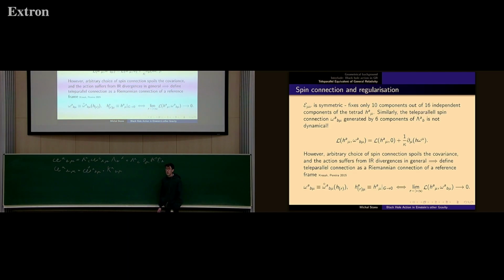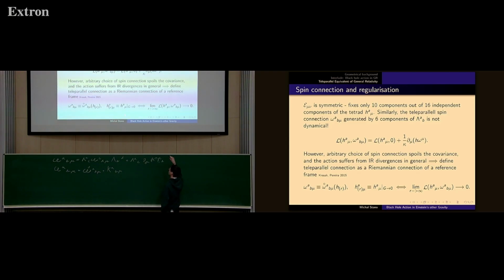Therefore, we need to somehow specify the form of the spin connection to hopefully regularize these actions. And the way it is usually done, as has been realized by Krššák and Pereira in 2015, is that we specify the form of our teleparallel spin connection as the Levi-Civita connection of the reference frame.